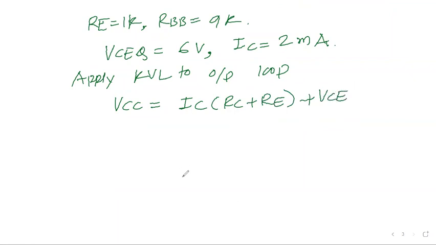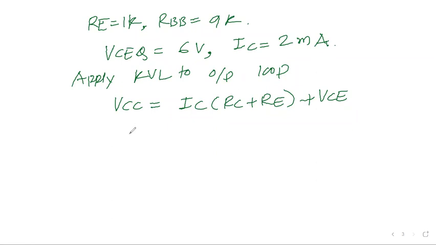Why did I do this? From this equation you are going to get the value of RC, because everything is known. IC is 2 milliampere because this is required. VCE is already given, that is 6 volt. Only RC is not known.